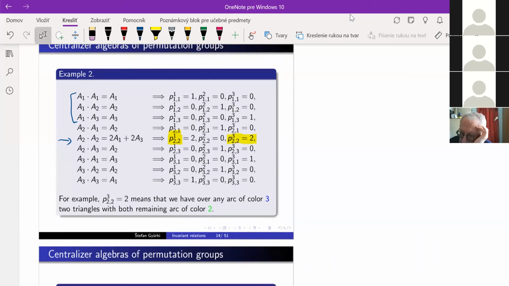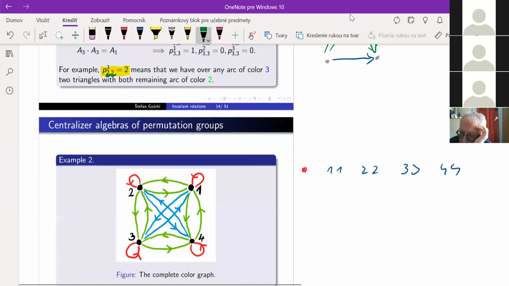And now, if we know the combinatorial interpretation of structure constants, then we can say that, for example, P_22^3 equals 2 means that if I have an arc of color 3, which was the blue one, then there are two such triangles where both other sides are green in this order.